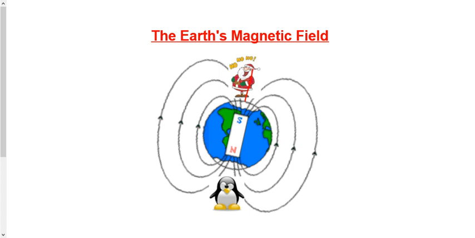Listen, geographically, North Pole is Canada, but magnetically, North Pole is Antarctica. Now, when we navigate, we say that northern Canada is north. That's okay. It's not right magnetically, but as long as everybody's using the same language, it doesn't really matter, right?